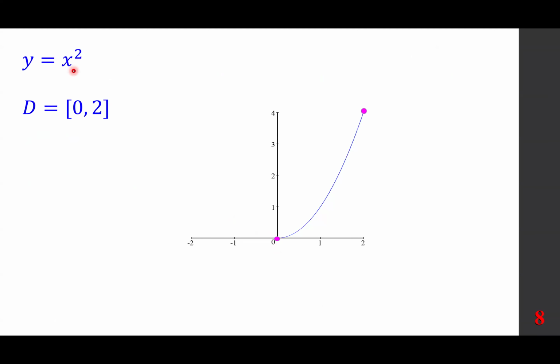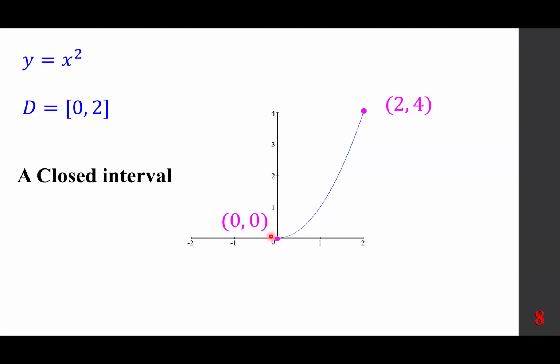What if we have y equals x squared, the same function, but a different interval, a closed interval? The brackets mean the endpoints are included. So this is the portion of the graph that this interval indicates. We have (0, 0) and (2, 4).